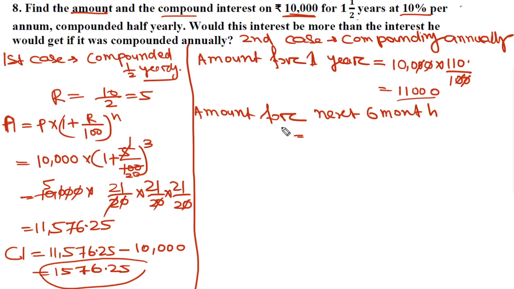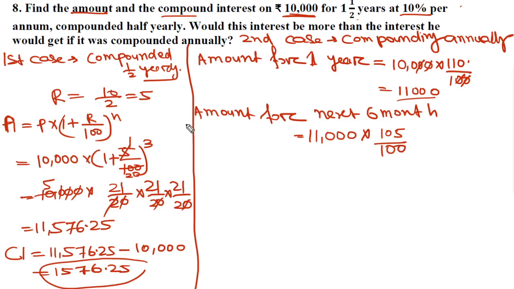So amount for the next 6 months will be, this will be your new principal now, 11,000 into 105%, that means 5% is the interest and 100% is your principal. So 105% you can directly write 105 by 100.